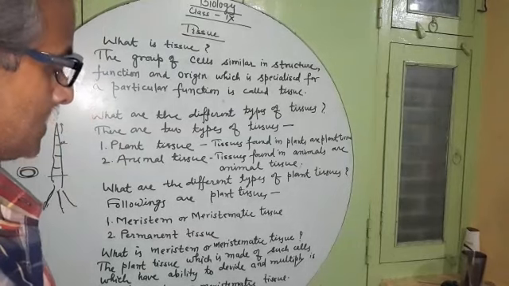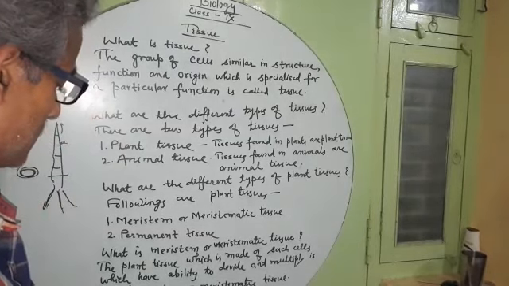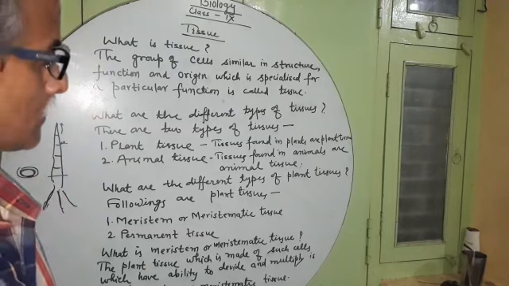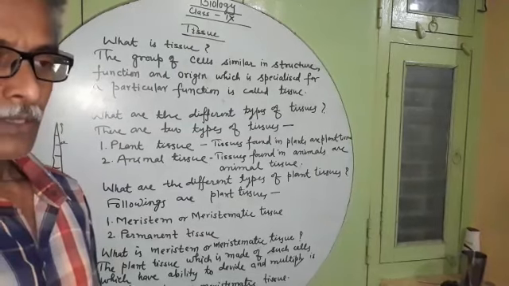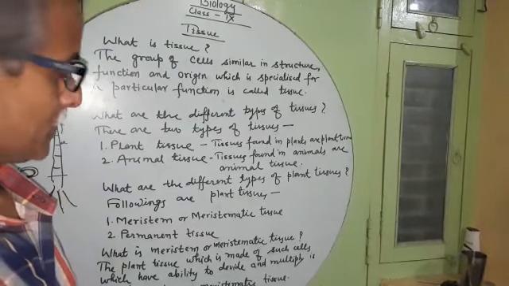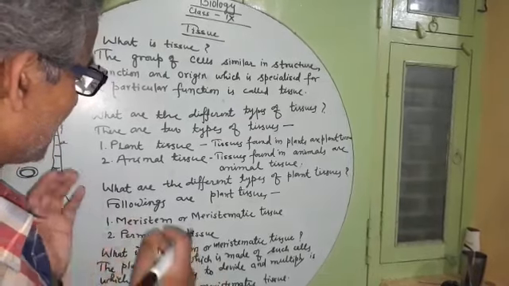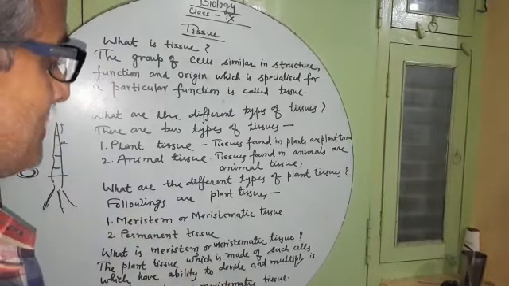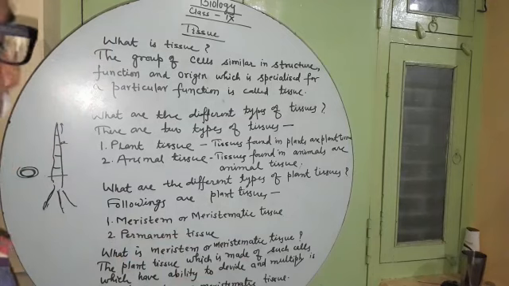It is found in the growing regions of a plant. Later we shall study about different types of meristeme or meristematic tissue.